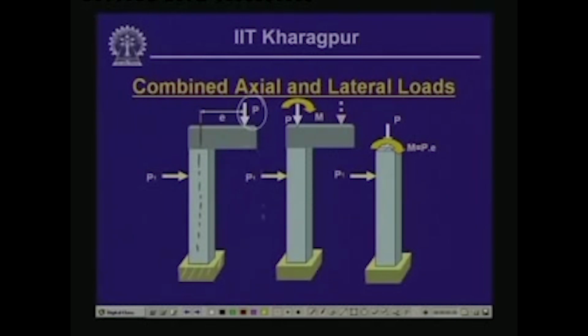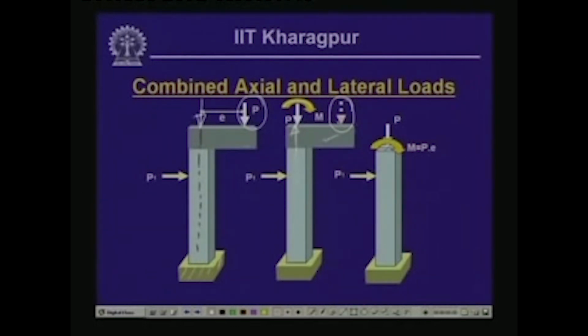If we transfer this load to the center of gravity of this vertical member, then what happens? This load we transfer over here, and since here we did not have any load, we will have an opposite load, and this opposite load along with this will form a couple. So, the transfer of this force to the CG of this vertical member is a load and a moment, and this is what is shown over here.